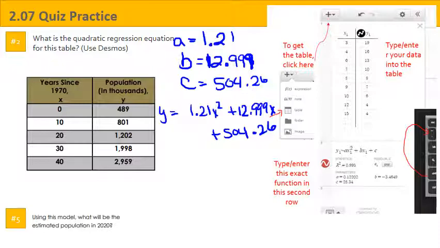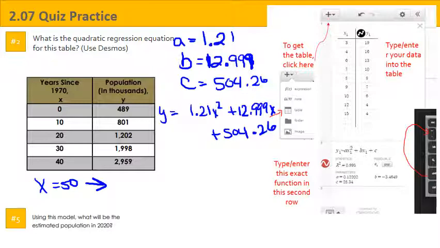Now, using this model, what will the estimated population be in 2020? So 2020 means you're going to plug in x is equal to 50 into this equation.